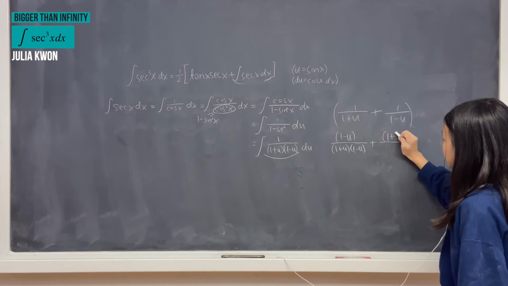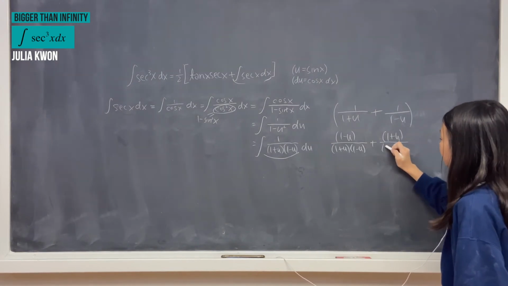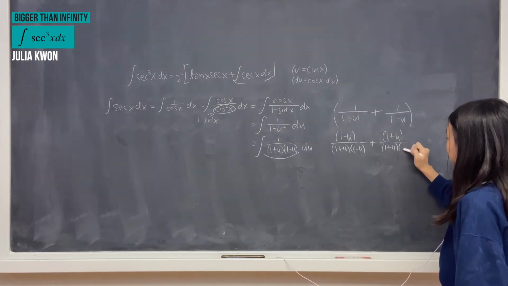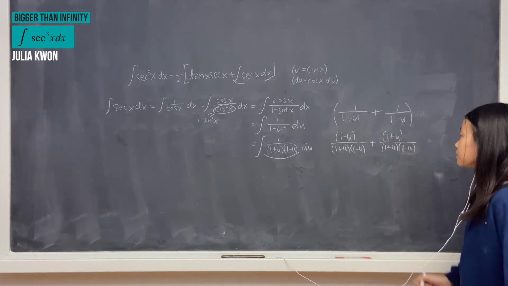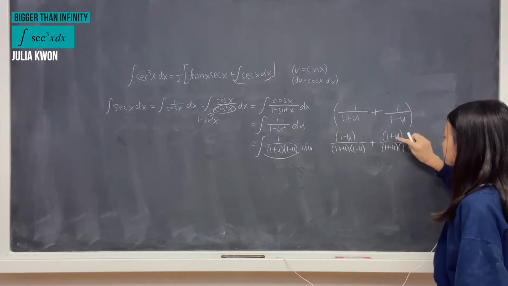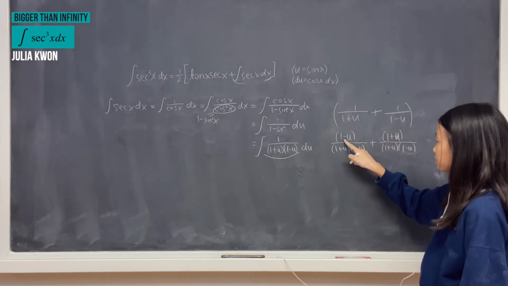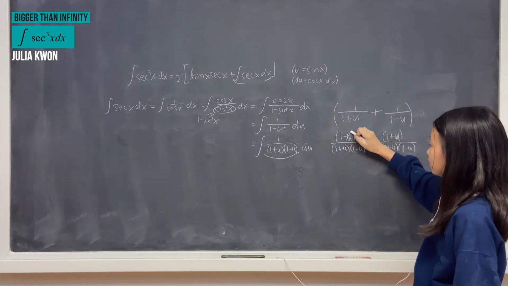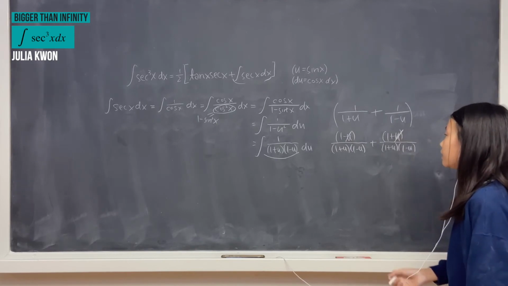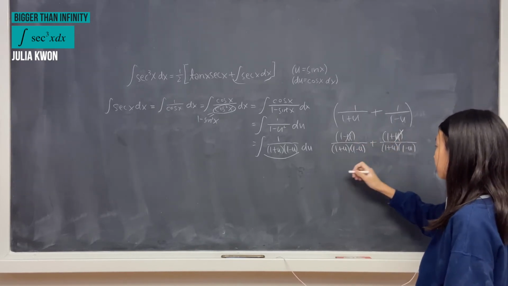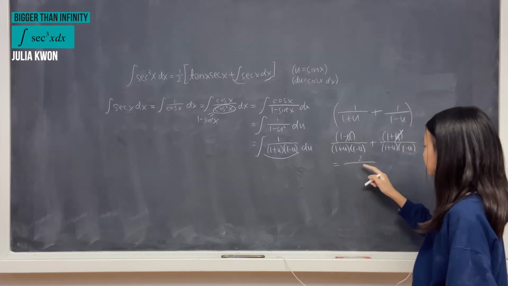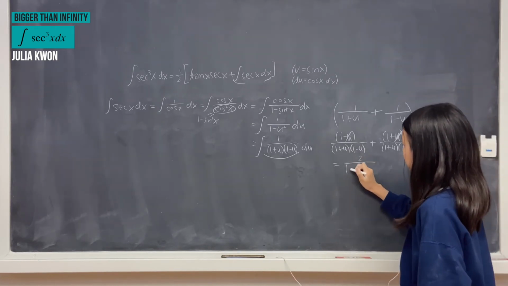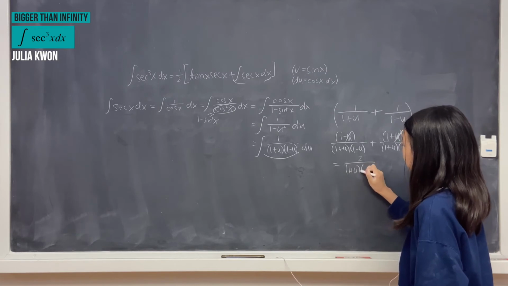So 1 plus u over 1 plus u times 1 minus u. So since we have u minus u, it can cancel out. And since we have 1 plus 1, the numerator would get to 2. The denominator stays the same.